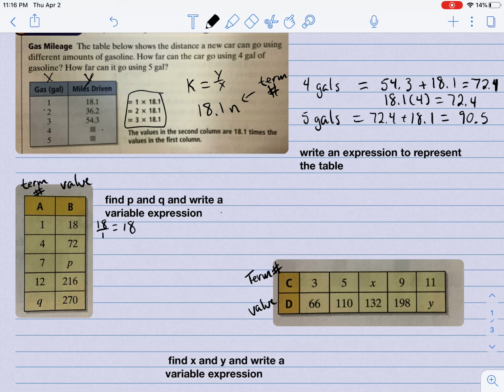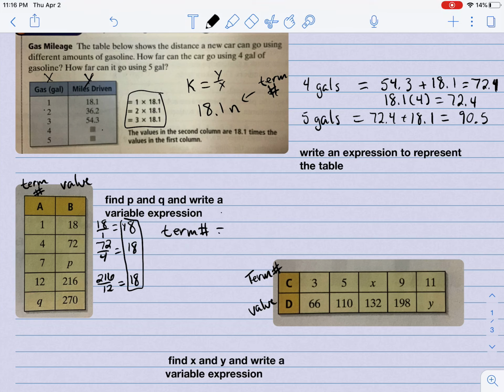So we can go 18 divided by 1 equals 18. 72 divided by 4 equals 18. 216 divided by 12 equals 18. So this gives us right here that multiple, that term that we want to multiply by to get our term.